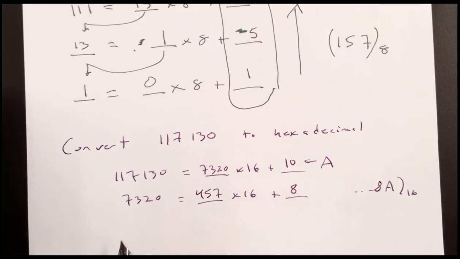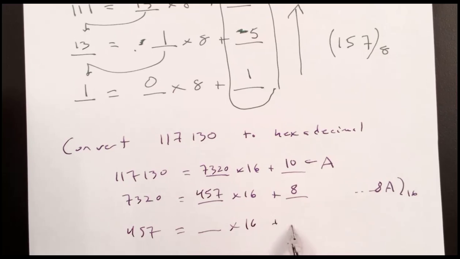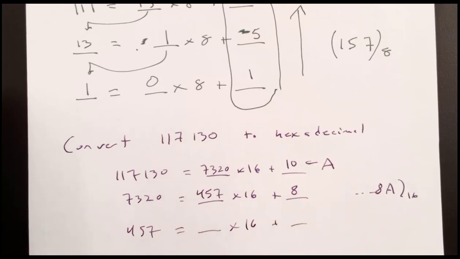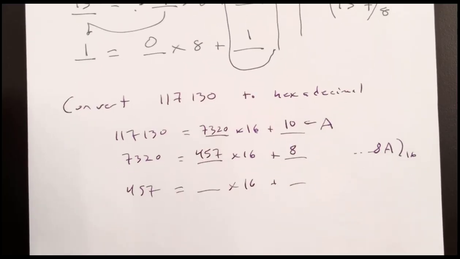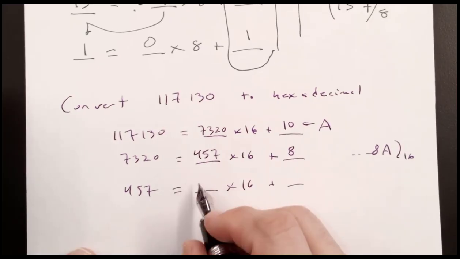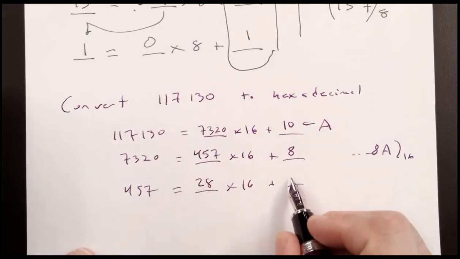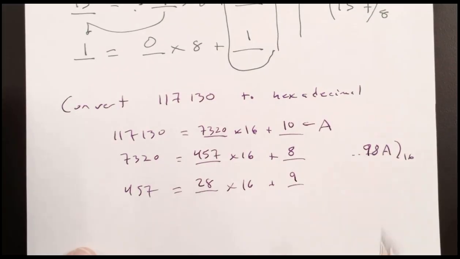Now I repeat the process. 457 goes over here. How many 16s with what left over? 28 16s with 9 left over.